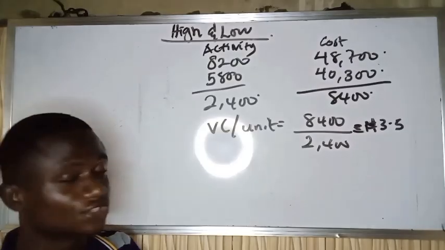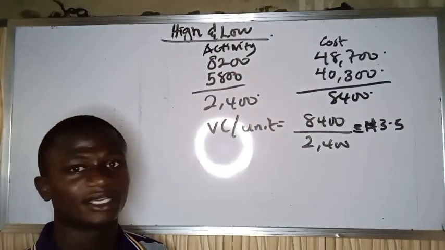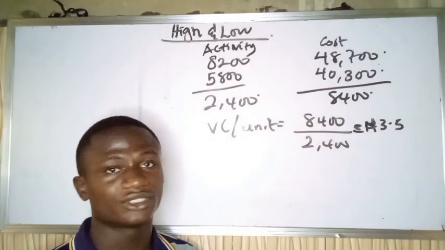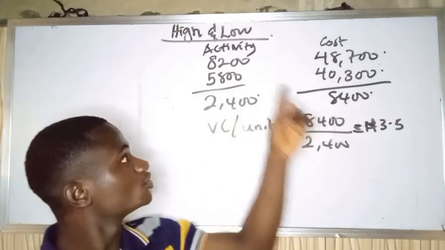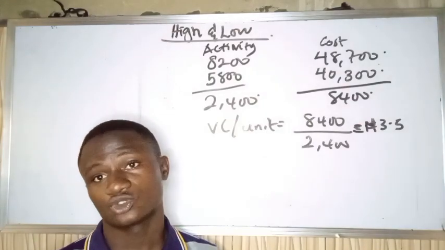So how much variable cost am I going to spend for 8,200 units? If I'm spending 3.5 naira for one unit, then to get my total variable cost of producing 8,200 units, that will be 3.5 times 8,200.